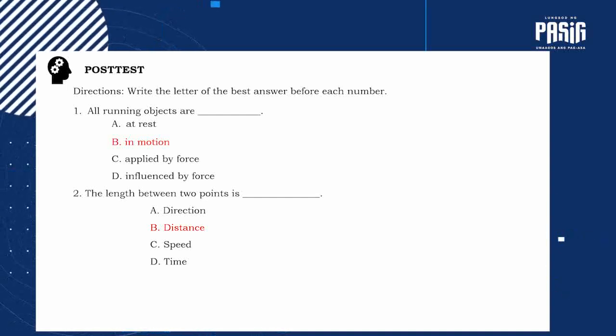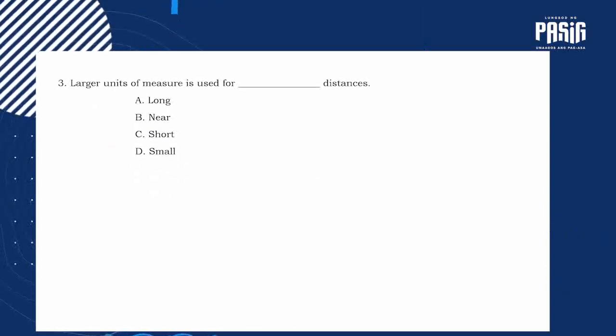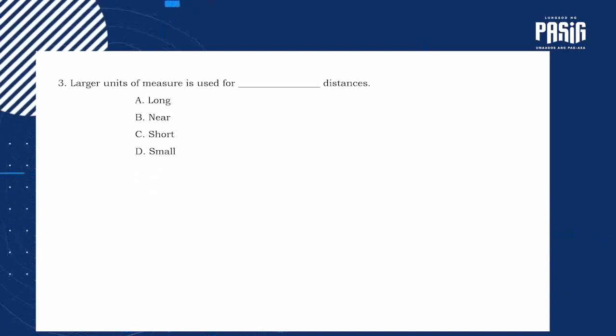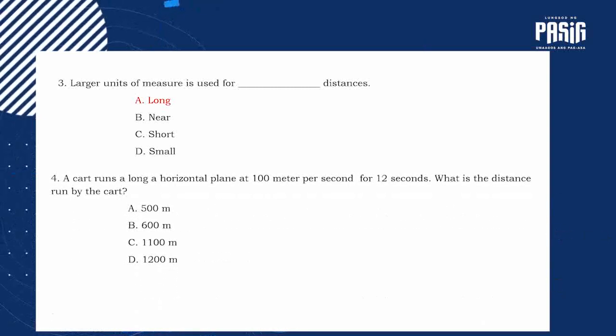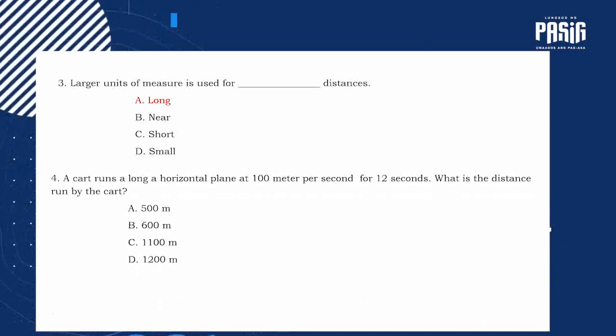Let's go to number 3. A larger unit of measure is used for blank distances. A, long. B, near. C, short. D, small. Answer? Very good, long. Letter A. Number 4. A cart runs along a horizontal plane at 100 meters per second for 12 seconds.